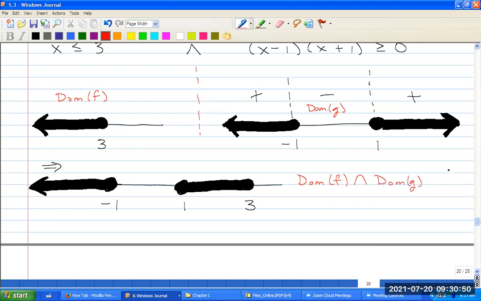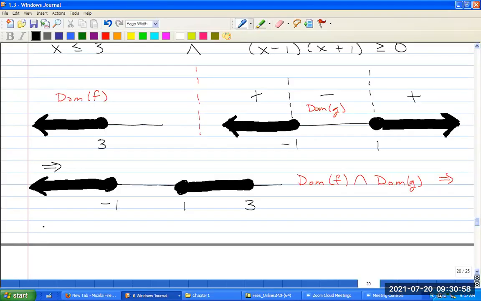And so the domain of f plus g is the union of negative infinity to negative 1, union 1 to 3. So that's the domain of our function.